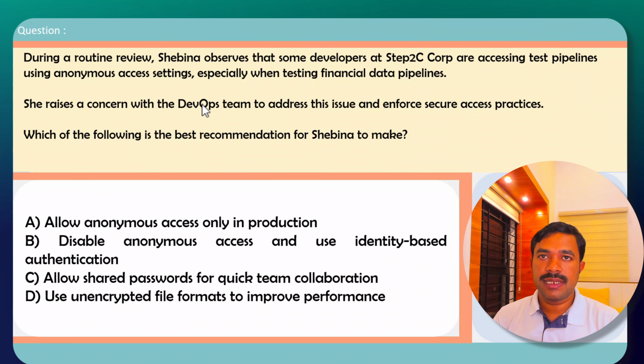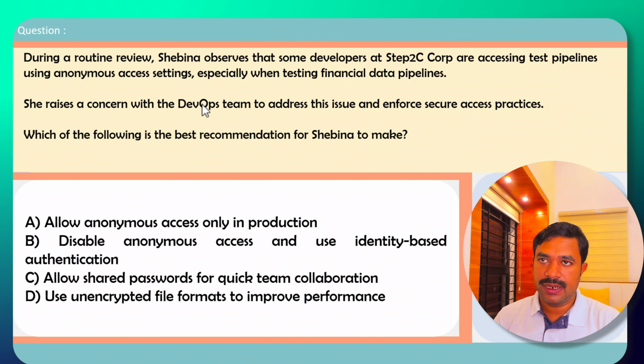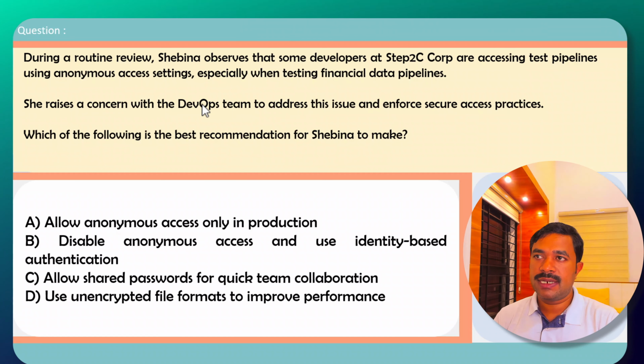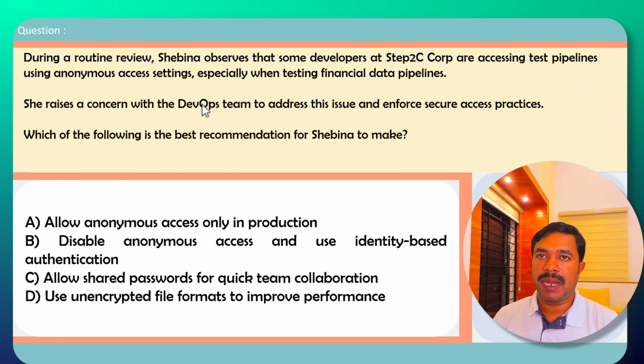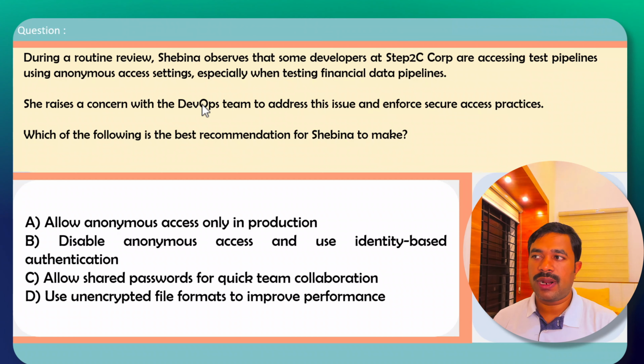Our question is, during a routine review, Shabina observed that some developers at Step 2 C Corp are accessing test pipelines using anonymous access settings, especially when testing financial data pipelines. She raised a concern with the DevOps team to address this issue and enforce secure access practices. Which of the following is the best recommendation for this scenario?